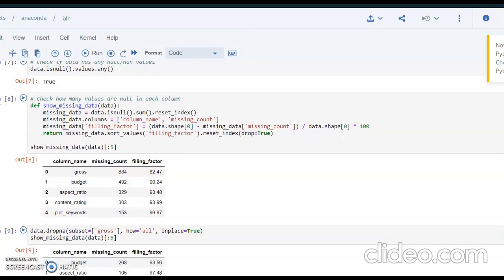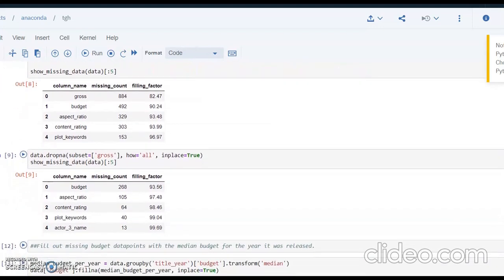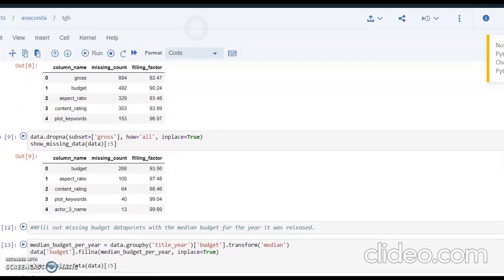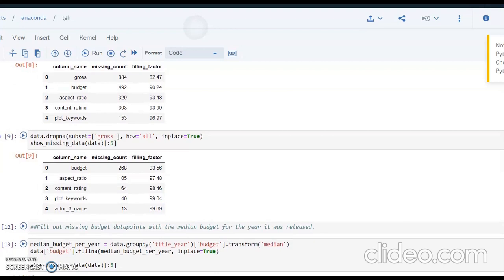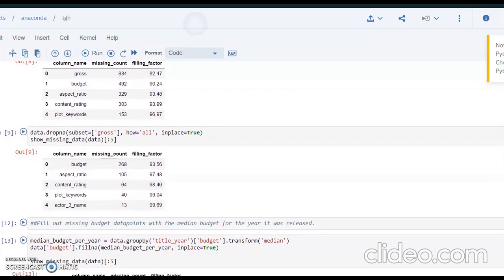So we make a function, show missing data, and it shows the missing data from these 5 columns. And then we drop the data that's not available, and we just make the subset equal to gross.